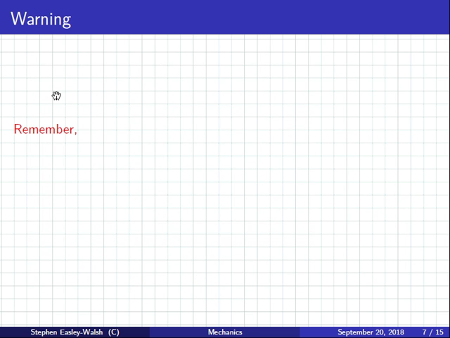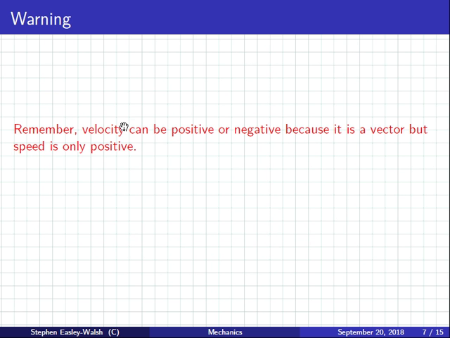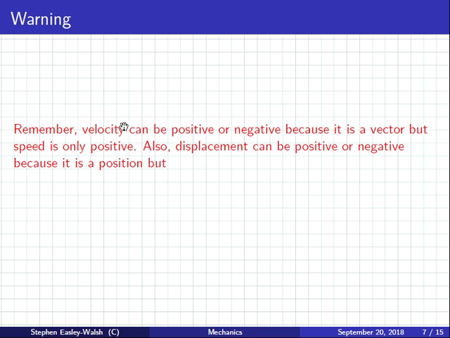Okay, so remember, velocity can be positive or negative, because it's a vector. But speed is only positive. Also, displacement can be positive or negative because it's position. But distance can only be positive. So just be careful with this.